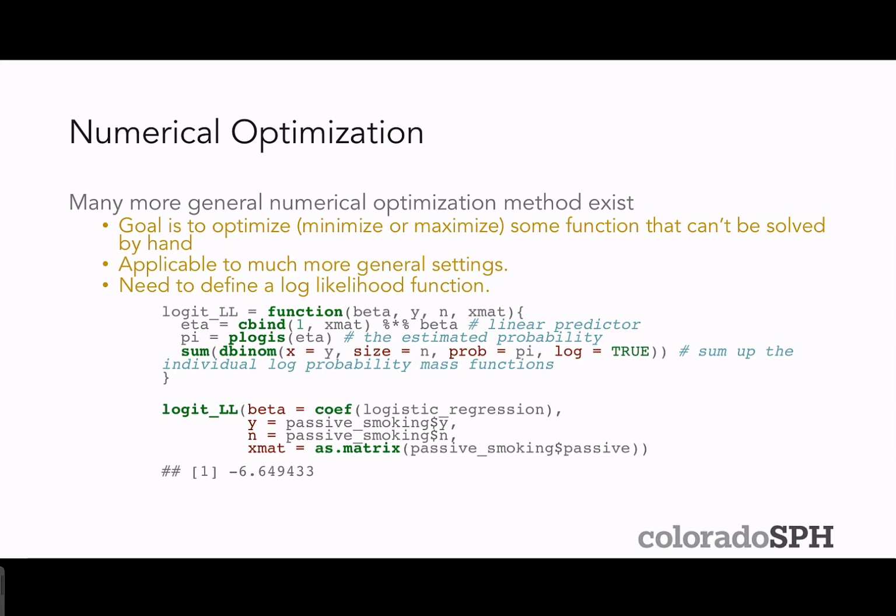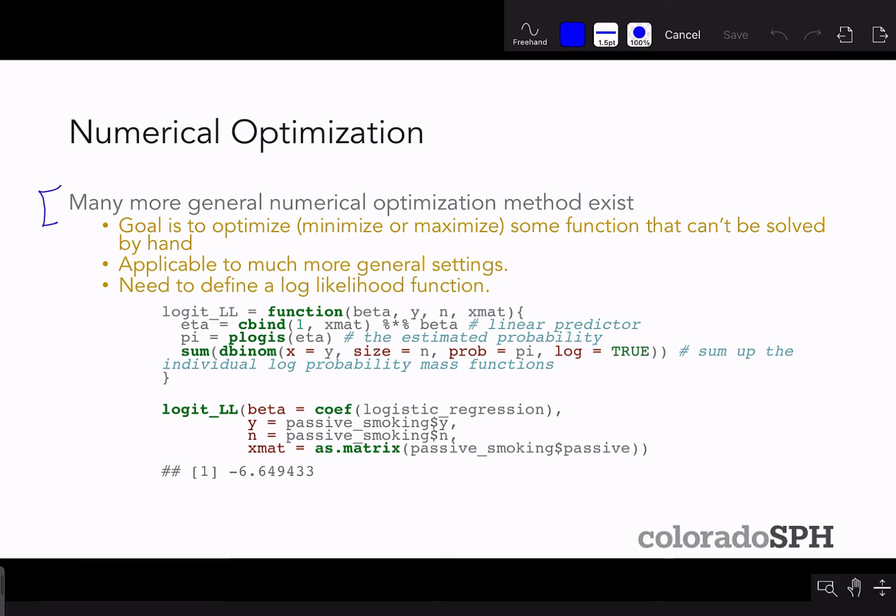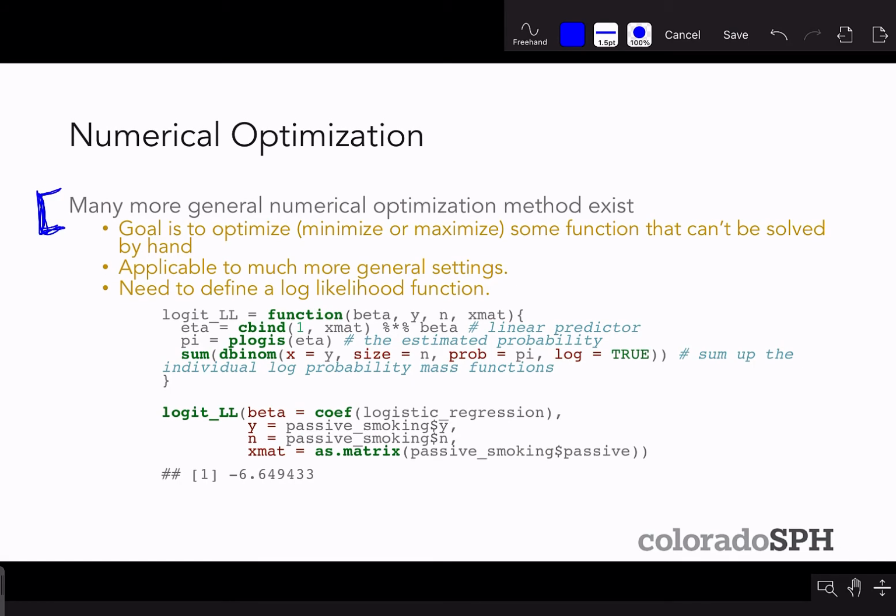So that was just one example of how you can use numerical optimization to get MLE estimates, and one that's specifically used in GLM type models. But there are many more general numerical optimization techniques that exist. And the goal for these methods is to optimize, meaning minimize or maximize, some function that can't be solved by hand. And these are applicable to much more general settings than just GLMs.